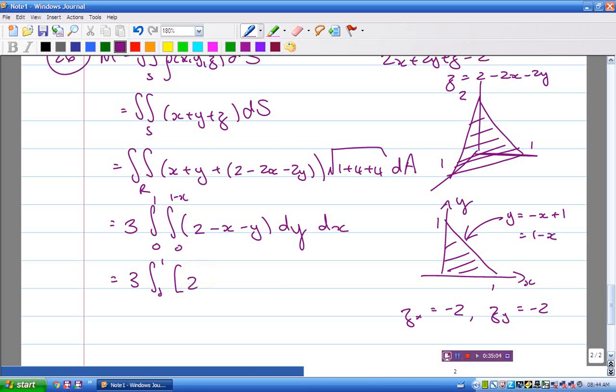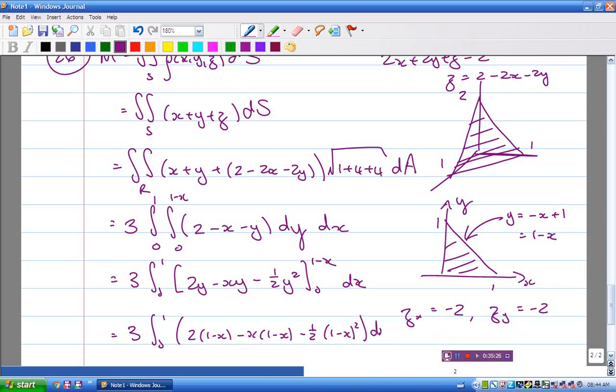That'll be 2y minus xy minus a half y squared. Then 2 times (1 minus x) times (1 minus x), minus a half times (1 minus x) squared. The 0 won't contribute anything.